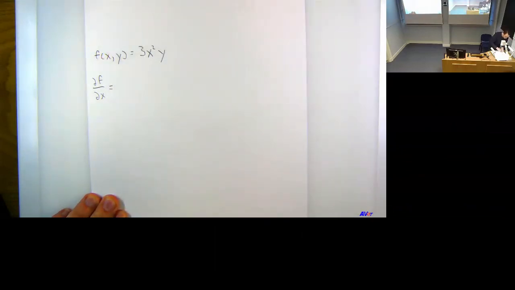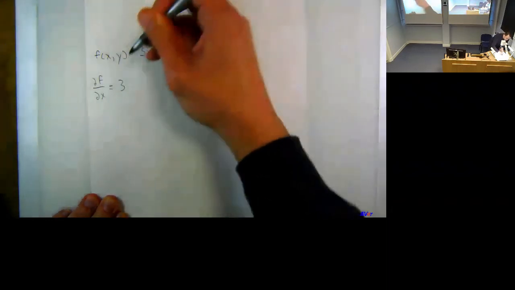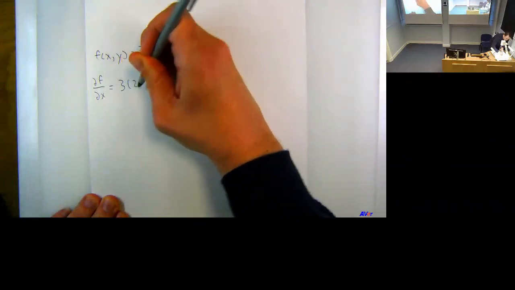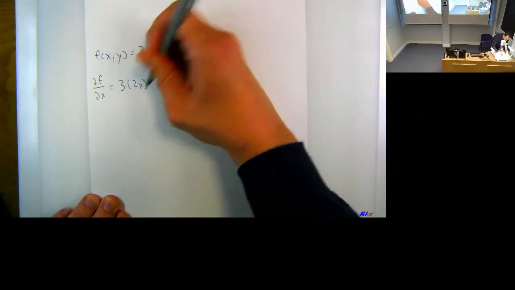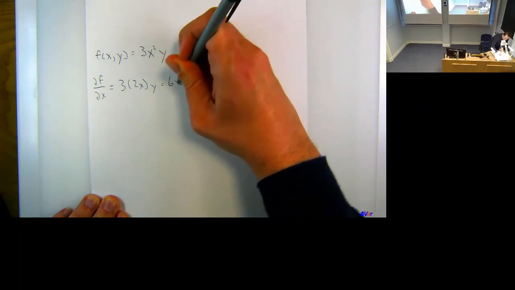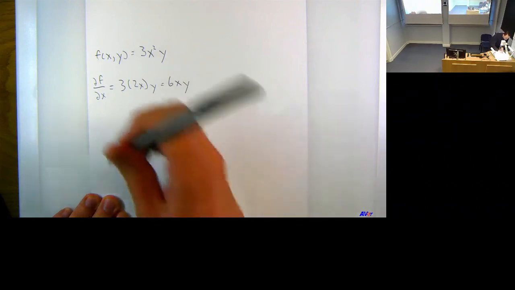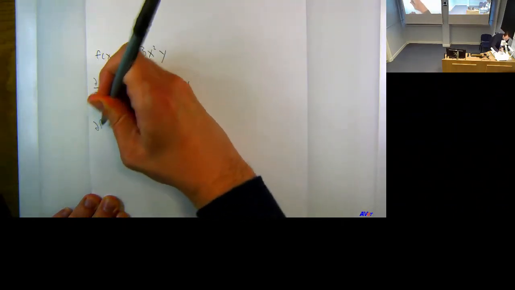So that means that y is just a constant in the same way that here 3 is a constant. And recall that the derivative of x squared with respect to x is just 2x. So the result then is just 6xy.